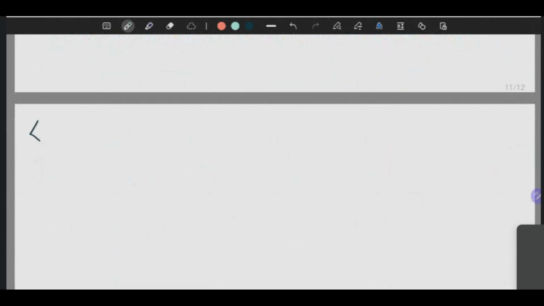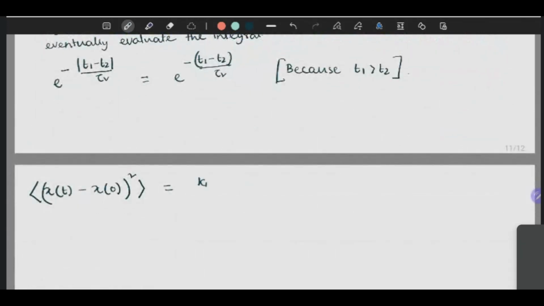So x(t) minus x0 whole square becomes k_B T by m integral 0 to t dt1, so there will be a factor of 2 here, into integral dt2 e to the power minus (t1 minus t2) by tau_v.